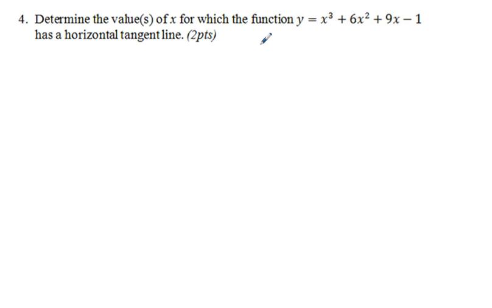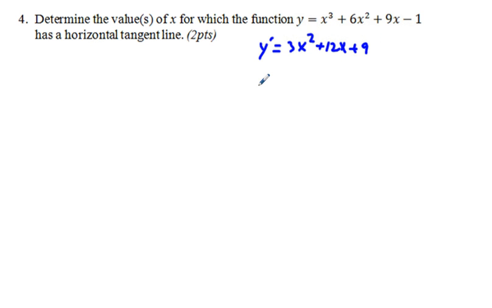So we'll call it y prime equals 3x squared plus 12x, excuse me, plus 12x plus 9.